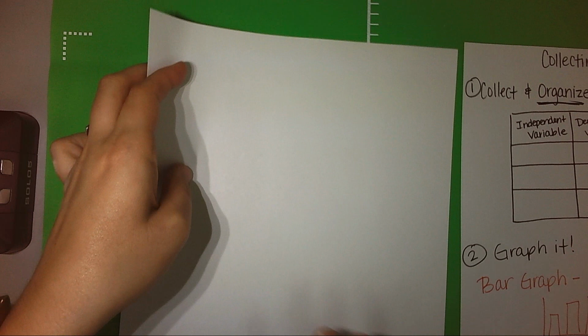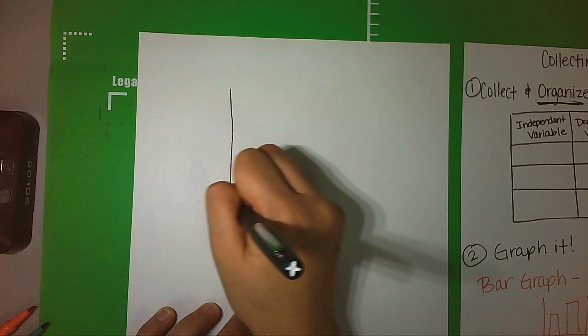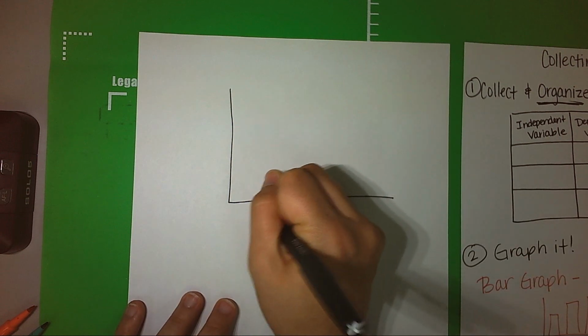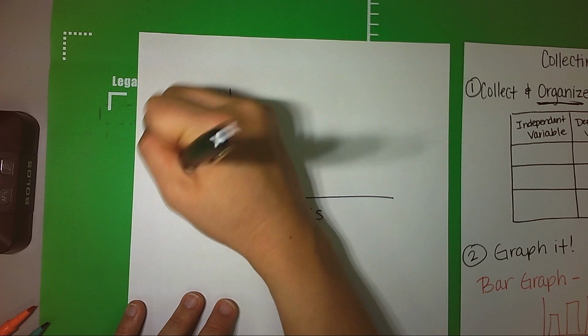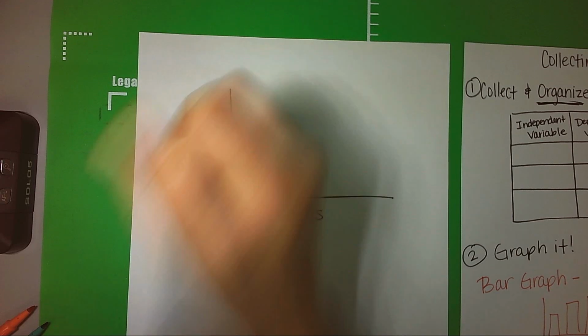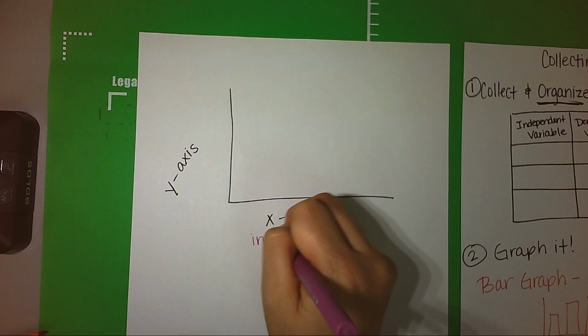Now, when you set up your graph, any kind, it doesn't matter whether it's a bar graph or a line graph, okay? This is your x-axis, and this is your y-axis, alright? This is where your independent variable goes.